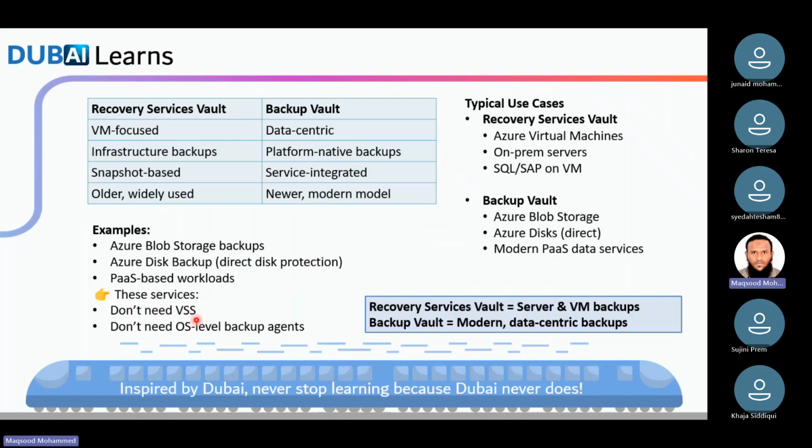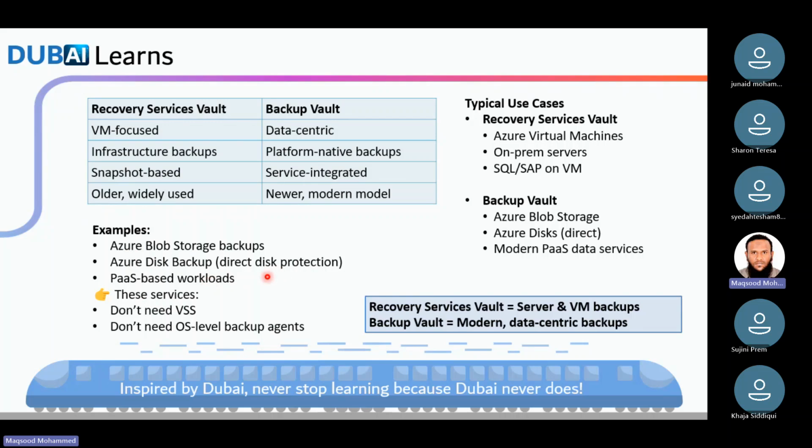These services do not need VSS, do not need OS level backup agents. So when you're trying to back up Azure services themselves, for example, Azure storage. Azure storage is a platform as a service, right? You're just creating a storage, configuring the storage and storing your data. So how do you back up that data?